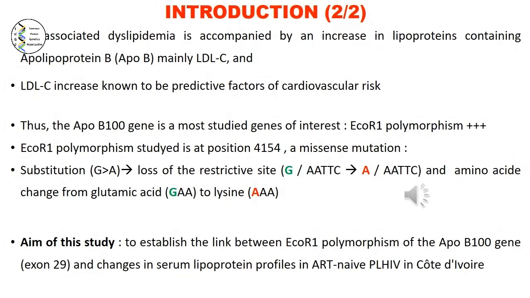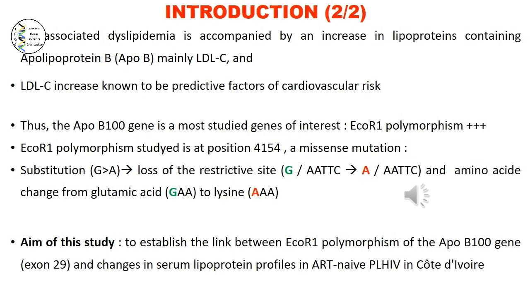Thus, the apoprotein B100 gene is one of the most studied genes of interest, particularly the EcoR1 polymorphism at position 4154, a missense mutation. This guanine to adenine substitution implies the loss of the restriction site of this endonuclease and the change of amino acid from glutamic acid to lysine.